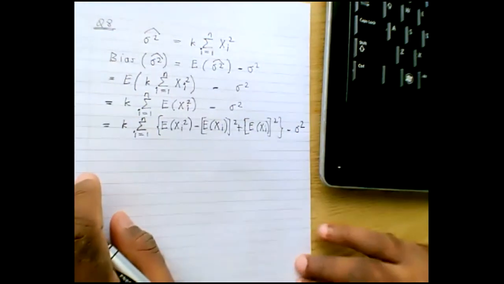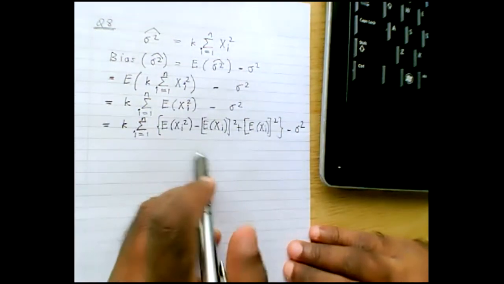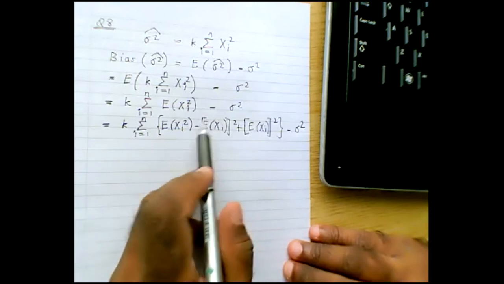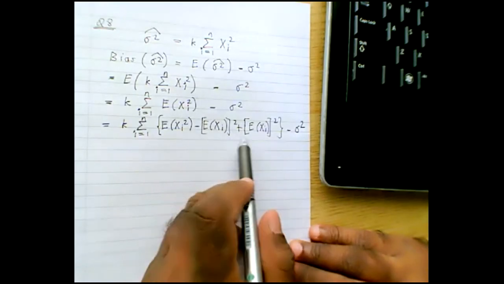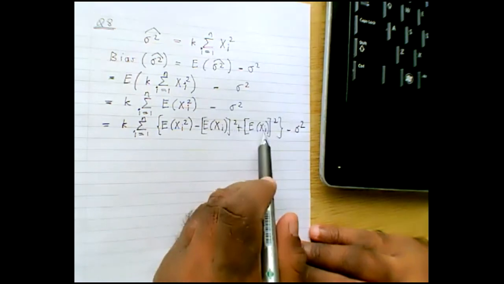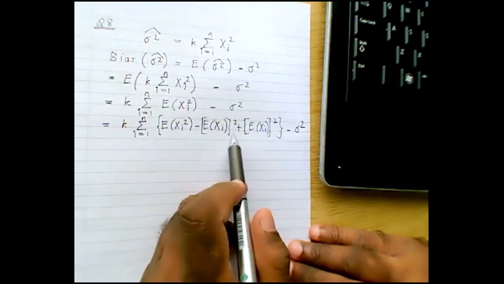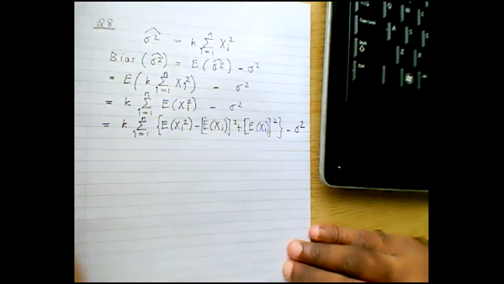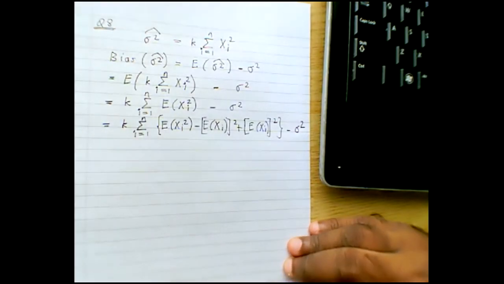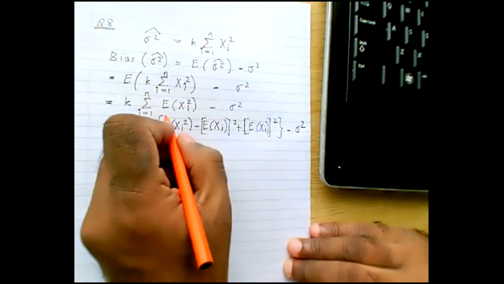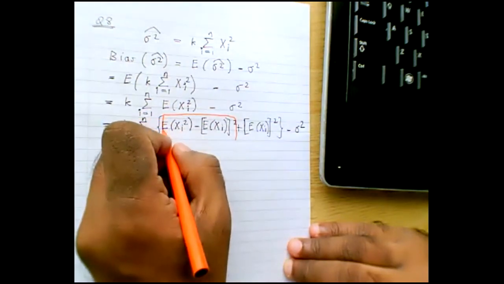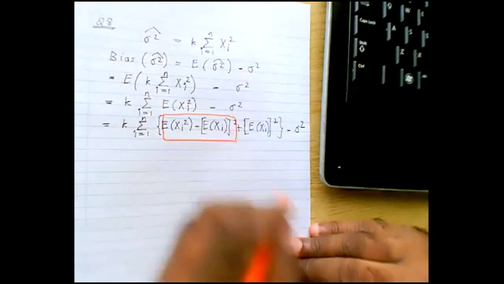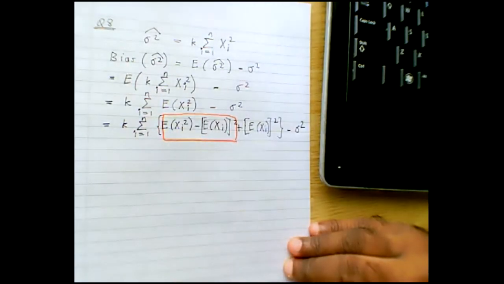Right? You see what I've done here. I have introduced this term minus of this term, and also introduced plus of the same term. So I haven't changed anything. The reason I have done this is because of this. Can you recognize this term, guys? Can you tell me what this term is?